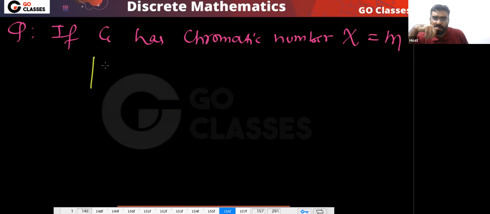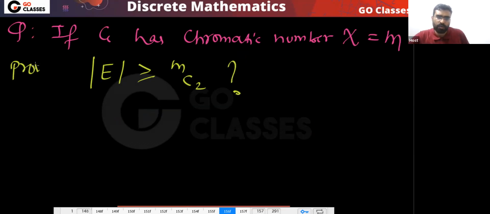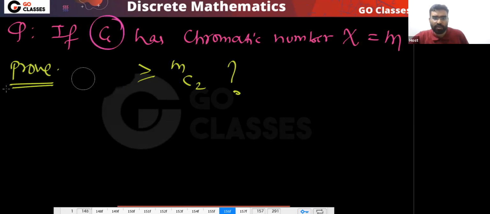Can I say the number of edges will definitely be greater than or equal to MC2? Prove that the number of edges in G will be greater than or equal to MC2.